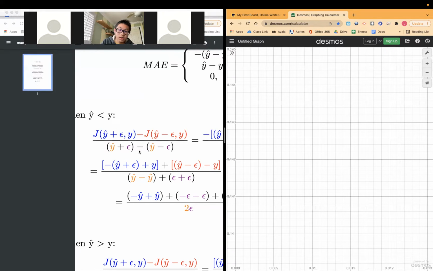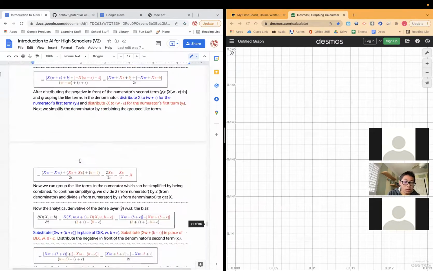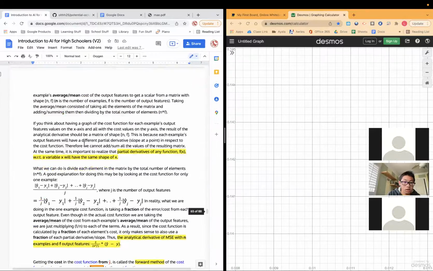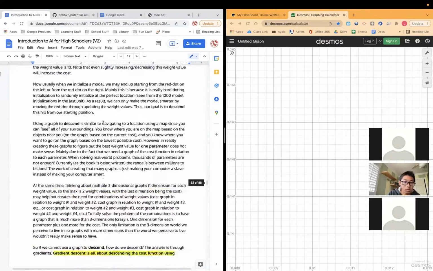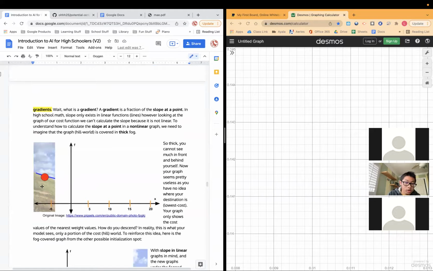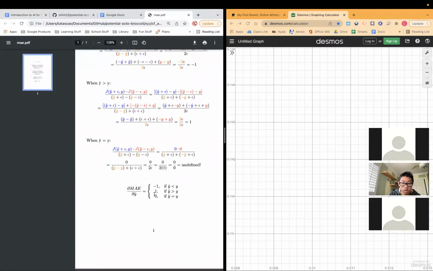Okay, so what you have to do is to have a tiny interval, because on this graph, if you zoom in, you get a linear line, and then you can calculate the slope using that tiny interval. If you go through the algebra, what you end up getting is this.